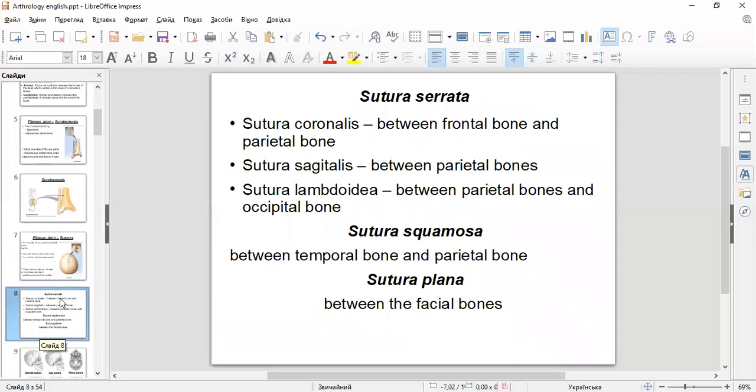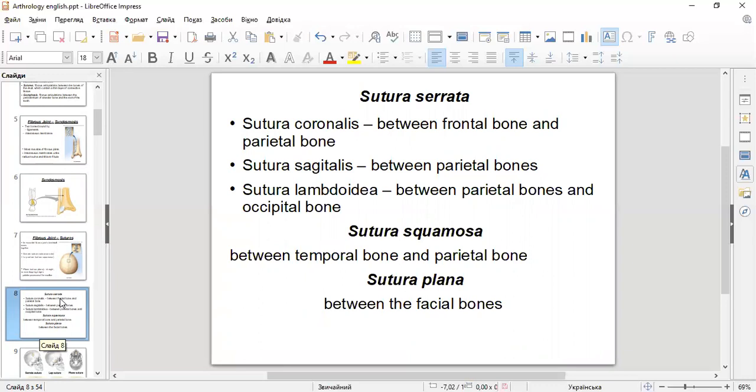Serrate suture, sutura serrata, subdivide into sutura coronalis, sutura sagittalis, and sutura lambdoidea. Sutura coronalis is located between frontal bone and parietal bone. Sutura sagittalis is located between parietal bones.